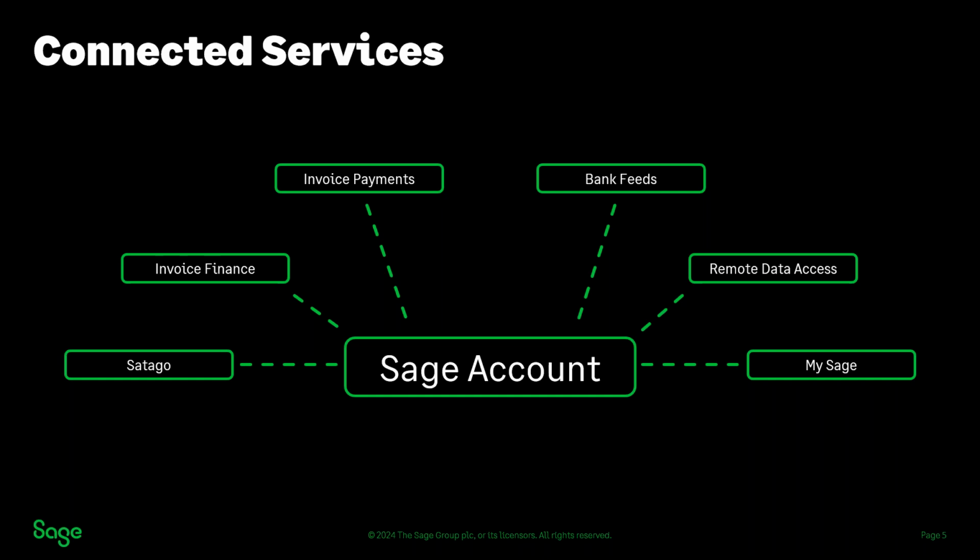That could be different add-ons like Satago, Invoice Finance, Invoice Payments, bank feeds, remote data access. You might have heard of it before, especially if you access your invoices online from us, as you might already have a Sage account to do with your MySage. But today we're just focusing on remote data access.